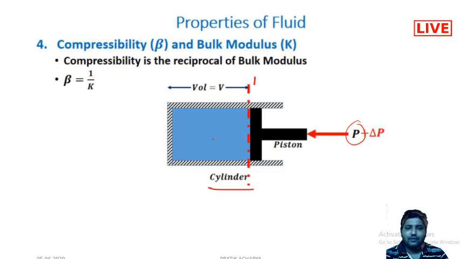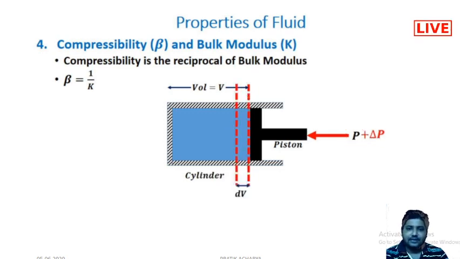Suppose we take a fluid of compressible nature. Now we increase the pressure by del P. The position changes from 1 to 2 and the fluid is compressed. The change in volume is dV, and this change in volume is observed due to the change in pressure, del P.